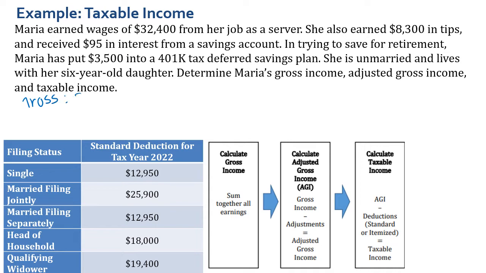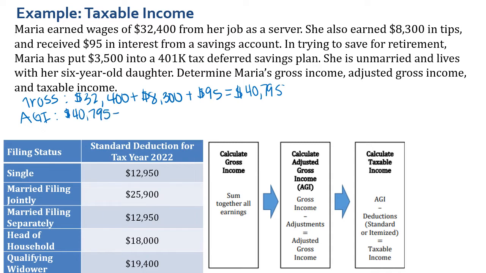She earned $32,400 from her job as a server, and then she also got $8,300 in tips and $95 from her savings account. When you add all of that up, her total earnings, her gross income, is $40,795.